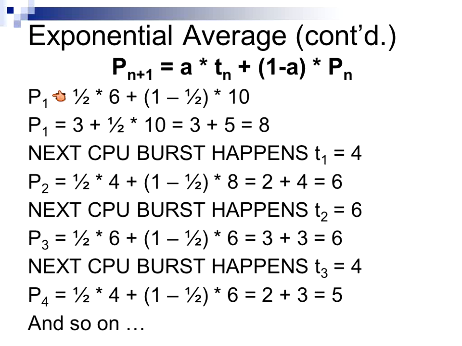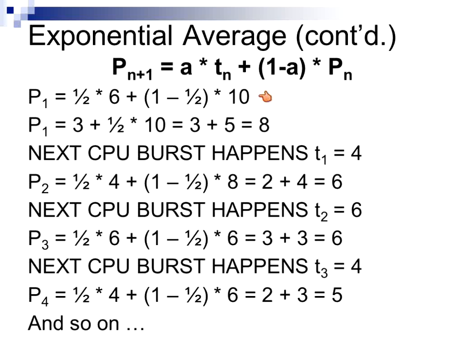So for P sub n plus 1, which is P1, I predict that next CPU burst is going to be 1/2, which is my A, times 6, which is the actual time that the first process ran. And then I'm going to add to that 1 minus 1/2, and this is where I'm weighing my previous history. And what was my previous prediction? It was 10. Remember I said we're just going to guess P0 as 10?